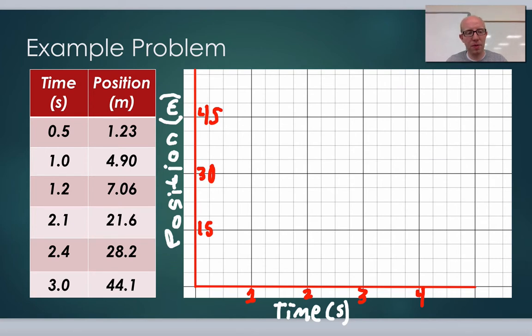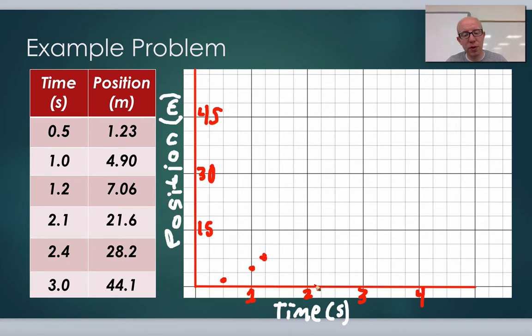All right, so now we just need to plot the points. So at 0.5, that's about here in time, and about 1.23 is just really low. I'm just going to keep it about right there. 1 is at 4.9, and this goes to about 15, so that's about a third of the way down or so, which is about right there. 1.2 is about here, and it's at 7, which is about halfway down this grid mark.